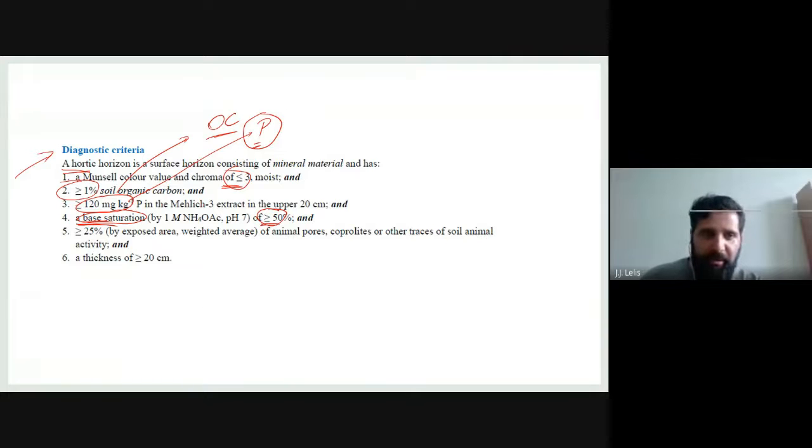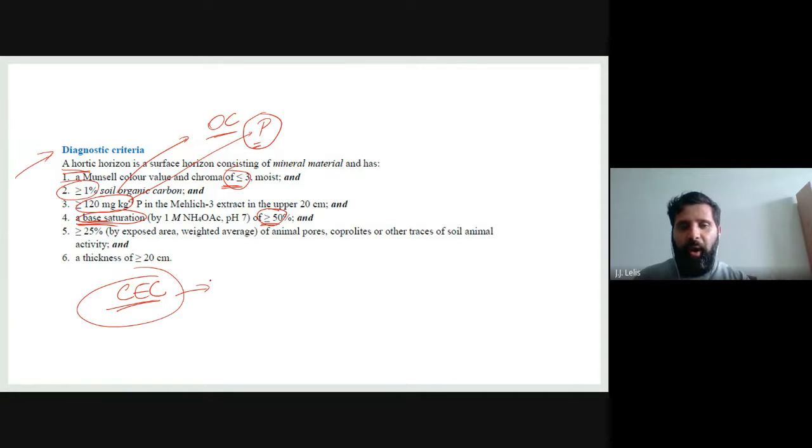To remember, we have the cationic exchange capacity, and this capacity can be described as the total charge quantity that soil possesses. So it's the quantity of nutrients, of charge that soil could host, okay?